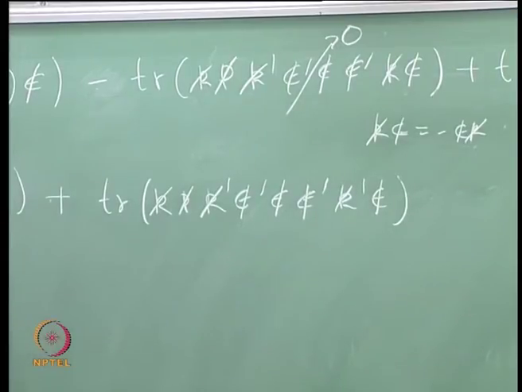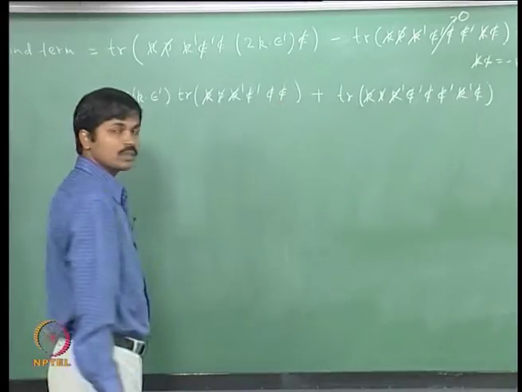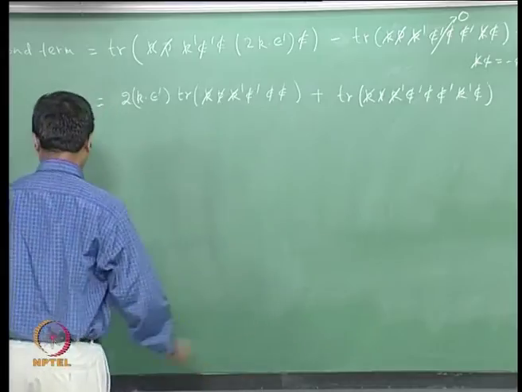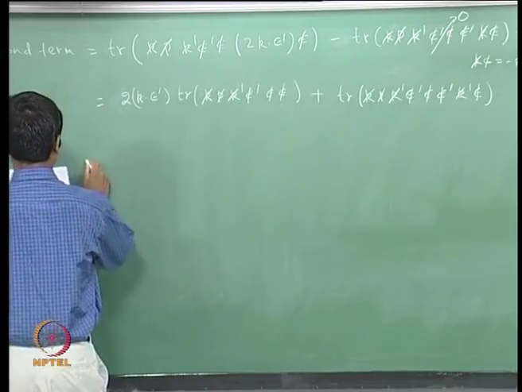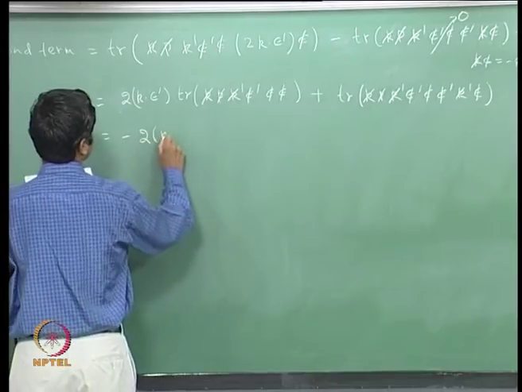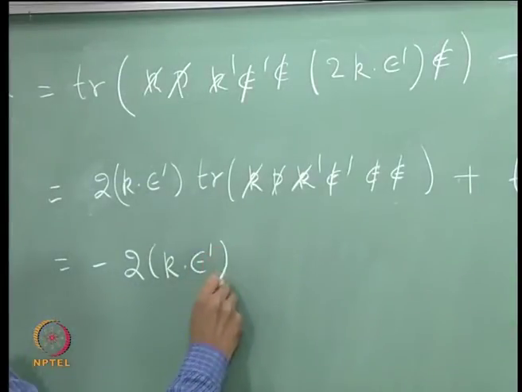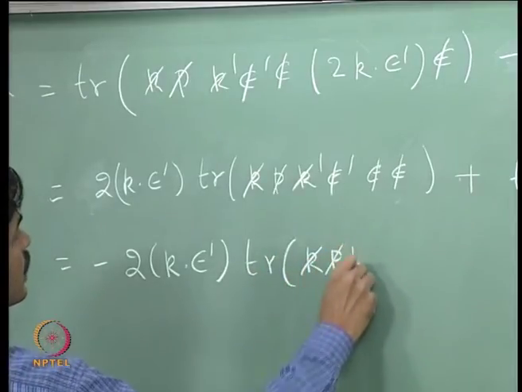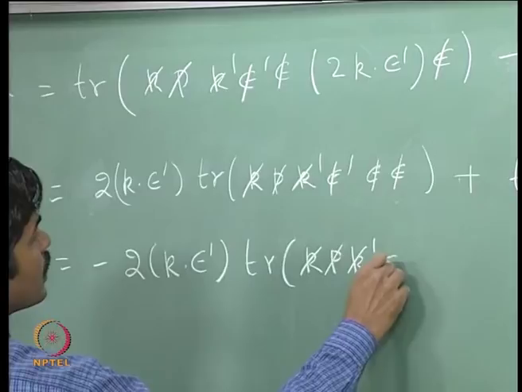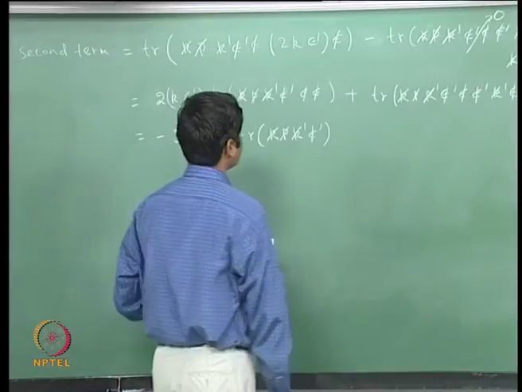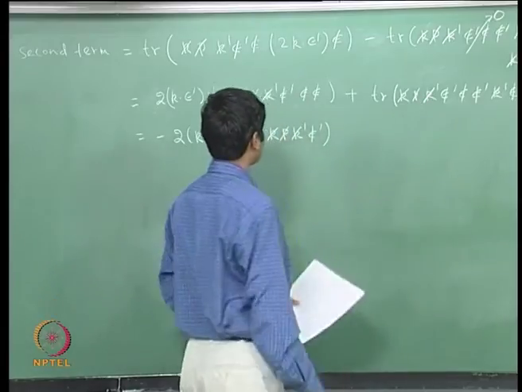So, let us look at this term. Here there are two epsilon slash. So, therefore, this gives you a minus 1. So, this term here is minus twice k dot epsilon prime trace of k slash p slash k prime slash epsilon prime slash, and then you have this term here which I have to simplify.